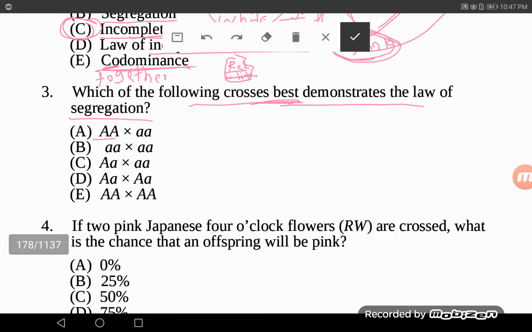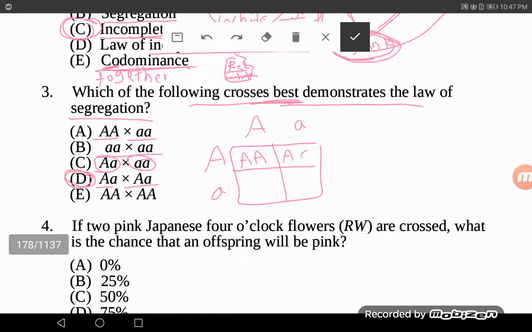As we can see, this is homozygous and this is homozygous. This one again. Here, one of them is heterozygous and this one is homozygous. But in the case of D, it's heterozygous and heterozygous. So when we are doing the Punnett square for it, we are separating the alleles.